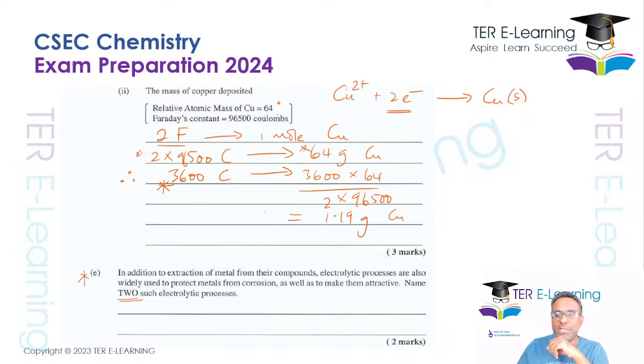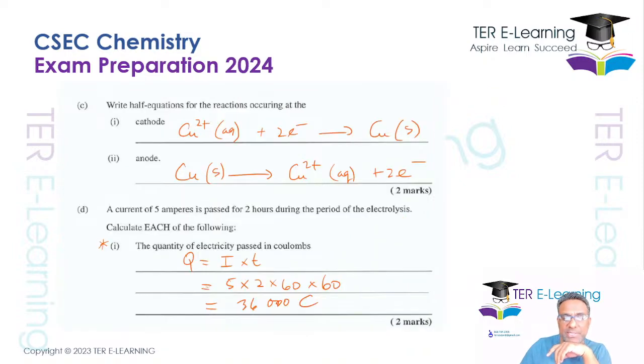That's all right, guys. Let me see. Hold on. Some people are saying, oh wait, my bad. Did I make a mistake? Back up a sec. 36,000. Hold on. Let's double check my answer first, guys. 5 by 2 by 60 by 60, that's 36,000. Thanks for the correction.